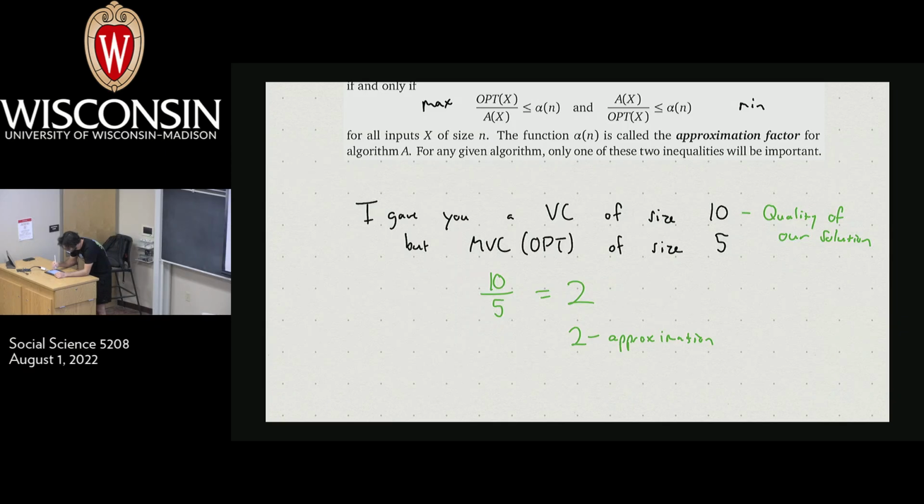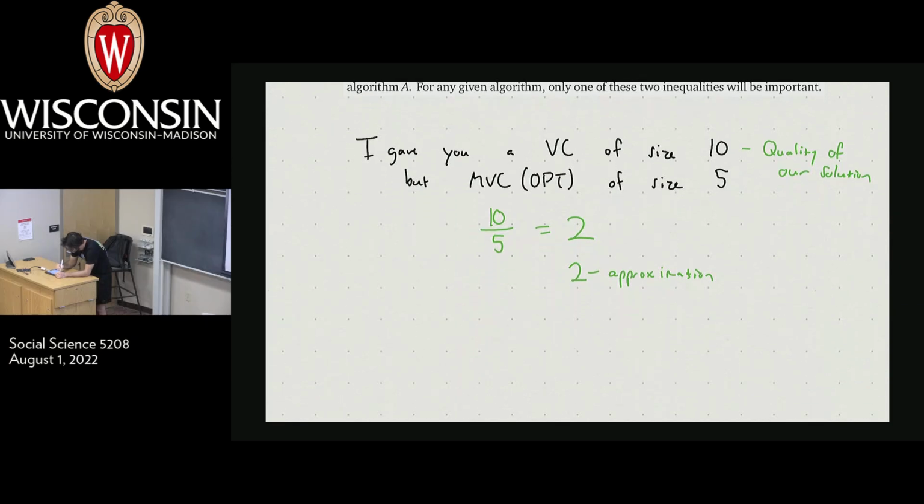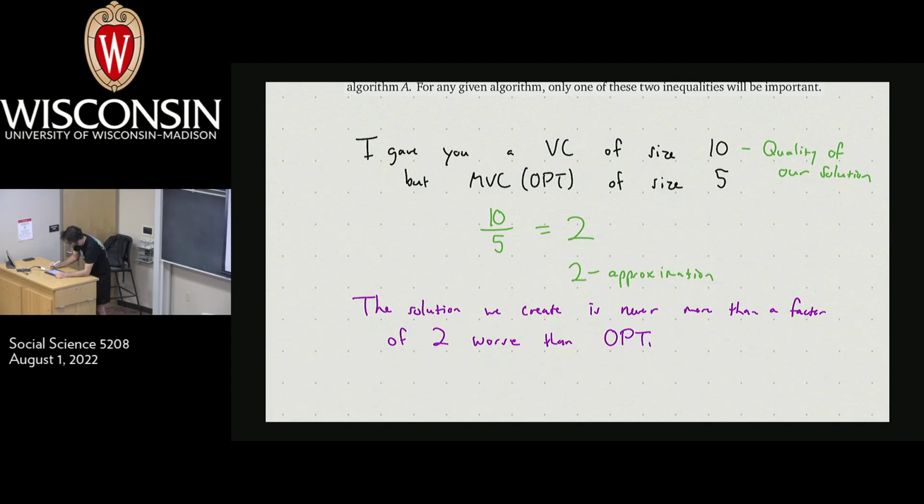So the way you want to think of this is the solution we create is never more than a factor of 2 worse than optimal. That's what it means to be a 2 approximation.